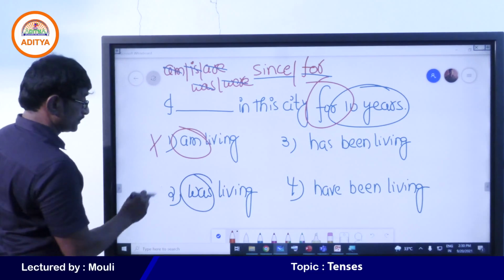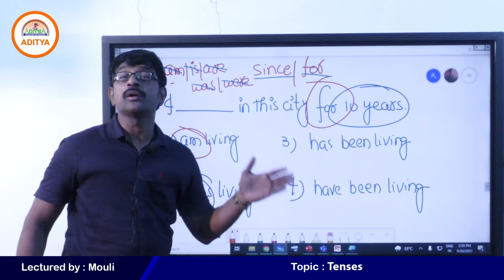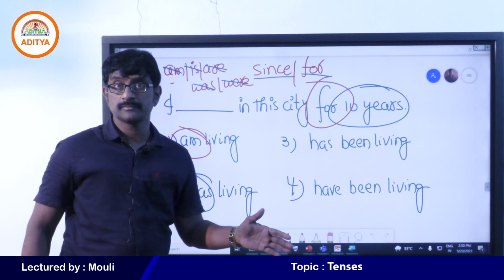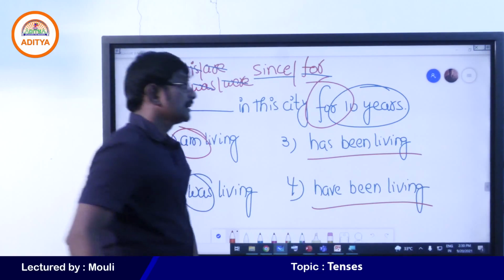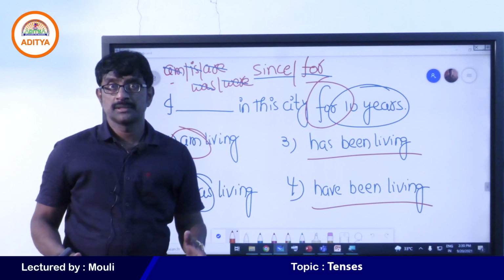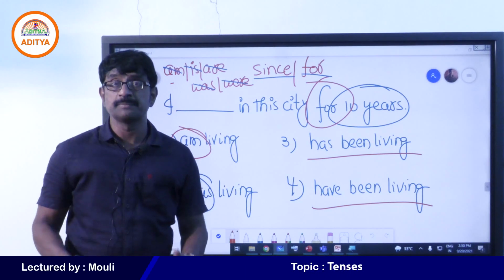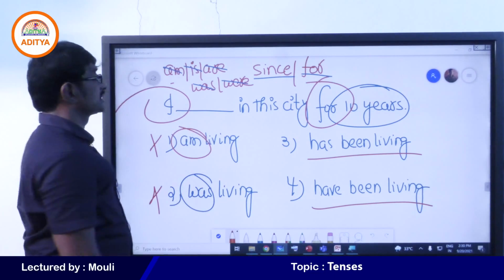We don't want these two because these will not match with since or for. Okay, and when we look at these two, has been living, have been living, then you take this I.